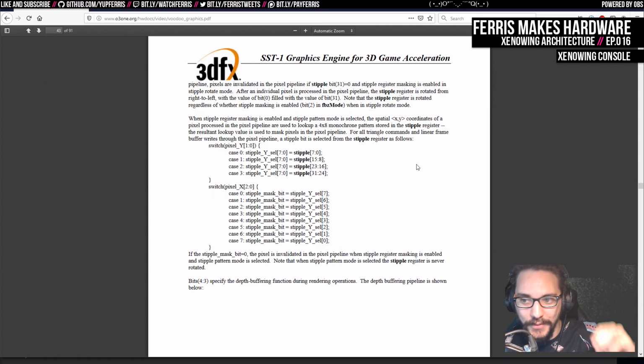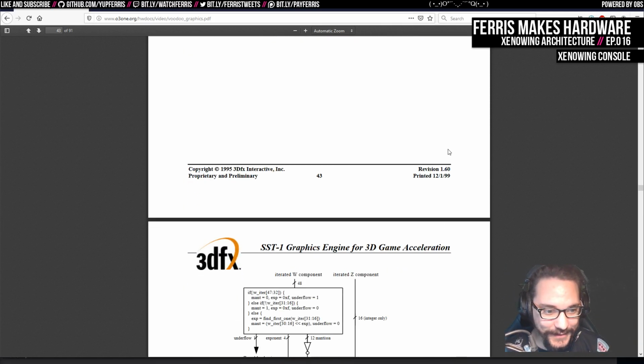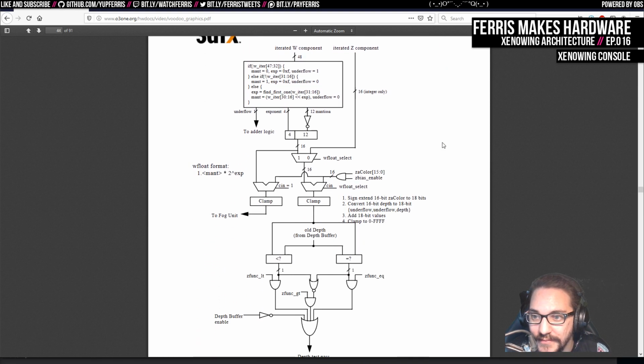I forgot this had chroma key and stipple support. That's so funny to me. That's a cool find, G Superland. Have to check that out.